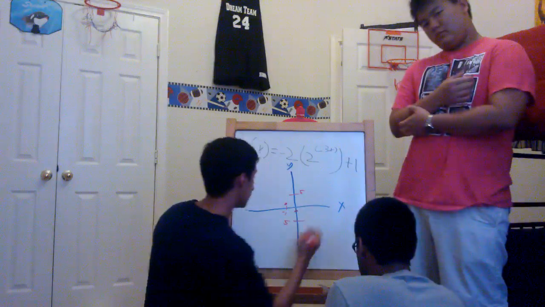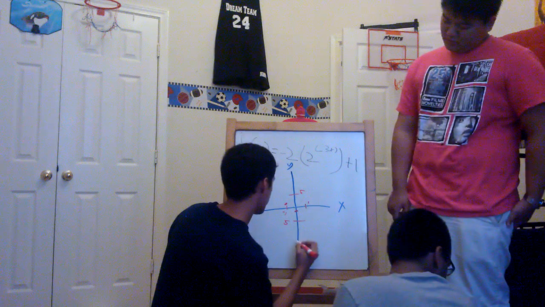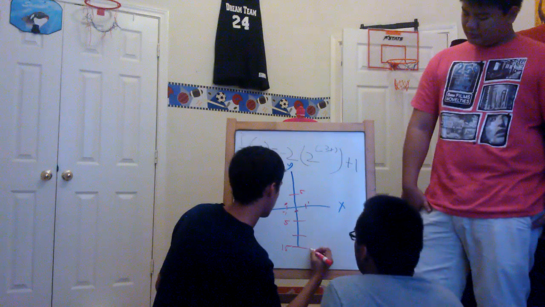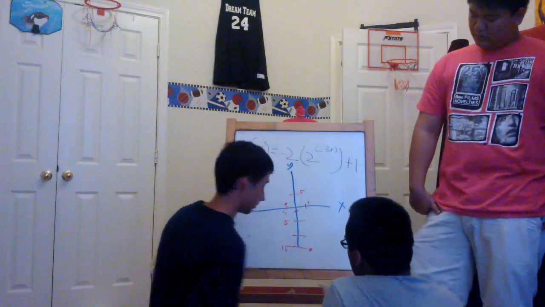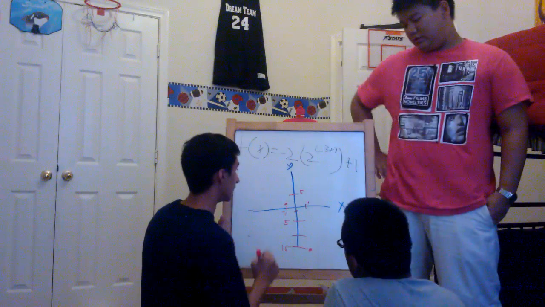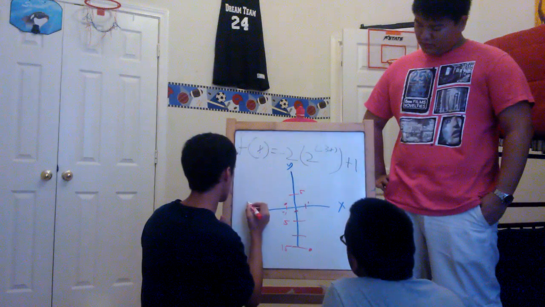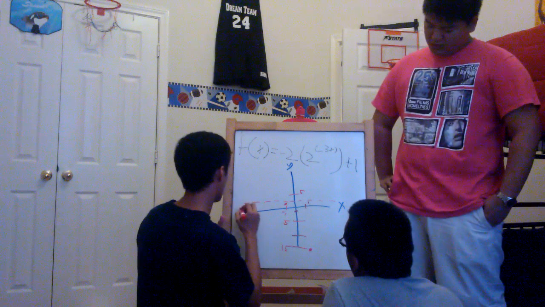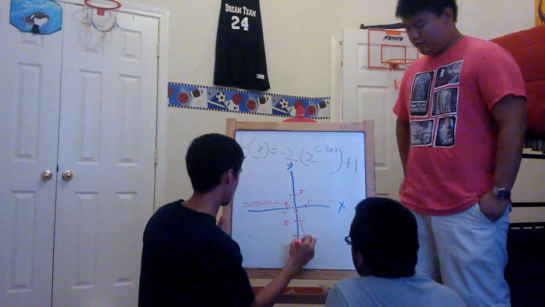Third point will be at 1, -15. So as you can see by our d value, our asymptote will be at y equals 1. So you connect the dots, you get the graph.